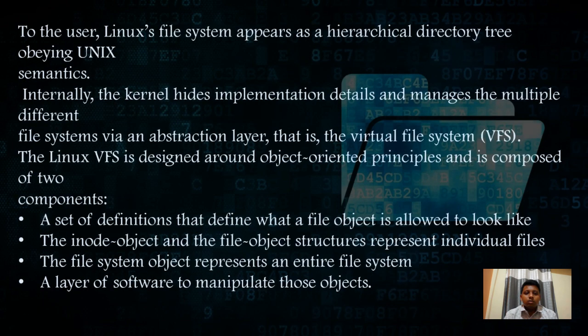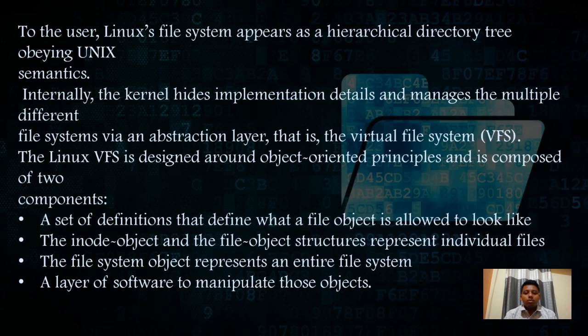To the user, the Linux file system appears as a hierarchical directory structure obeying Unix semantics. Internally, the kernel hides the implementation details and manages the multiple different file systems via an abstract layer, that is the virtual file system, VFS.